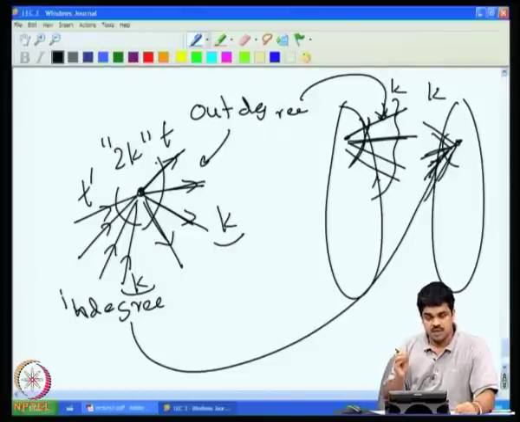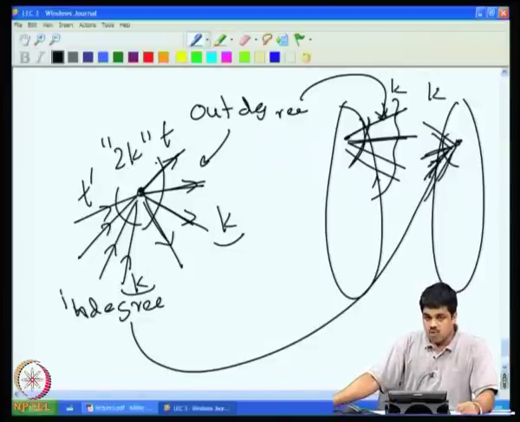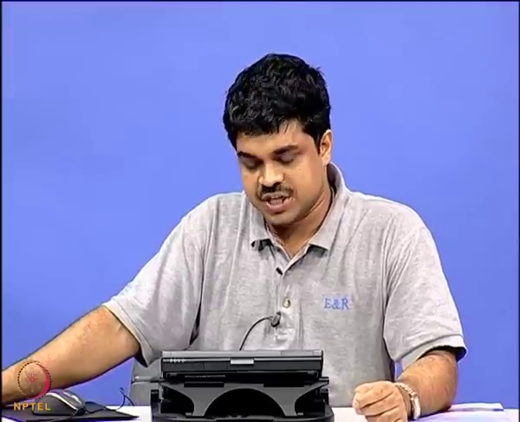Can I make in degree equal to out degree equal to k for each vertex? That depends on how we orient the edges of the original graph. How can we make sure that will happen? In general, it may not be possible. What is the guarantee that you can do that? So we have to come up with a strategy.